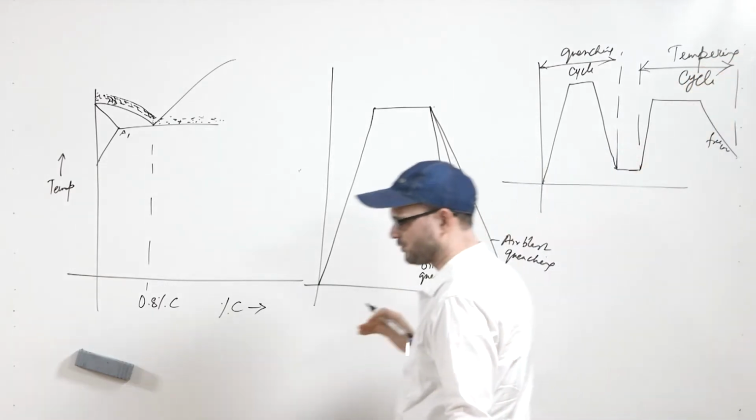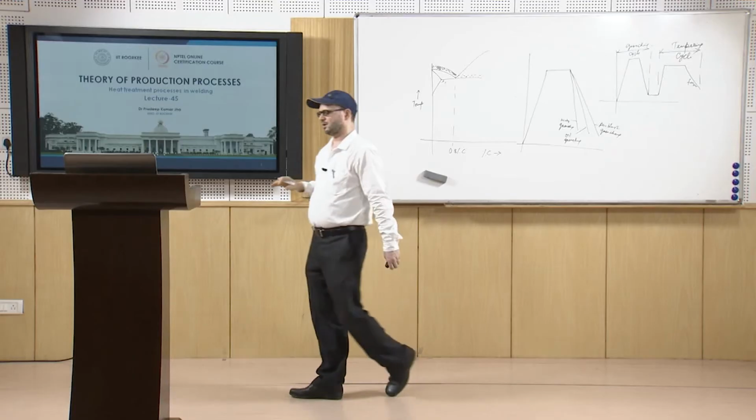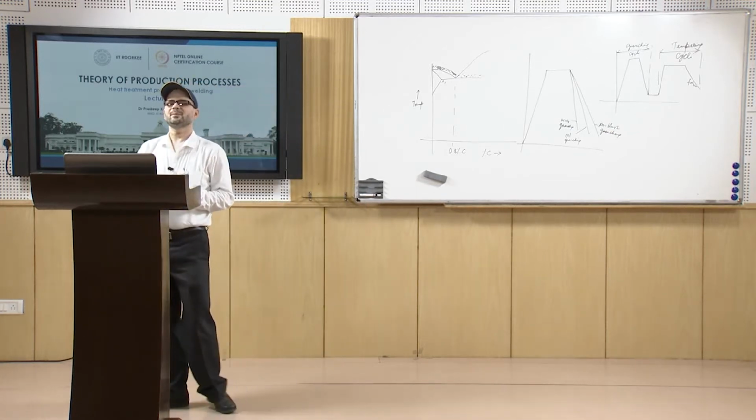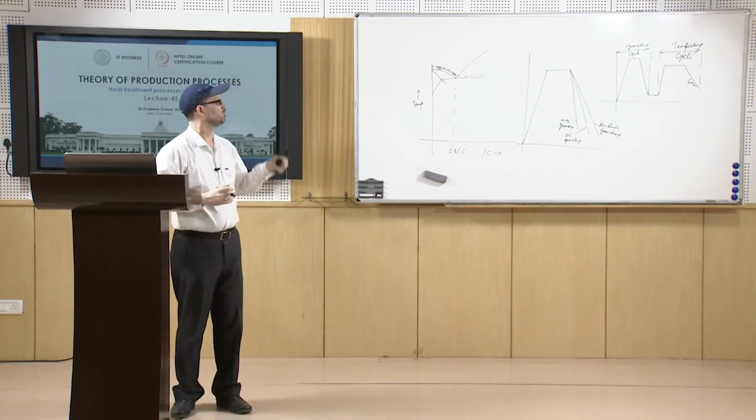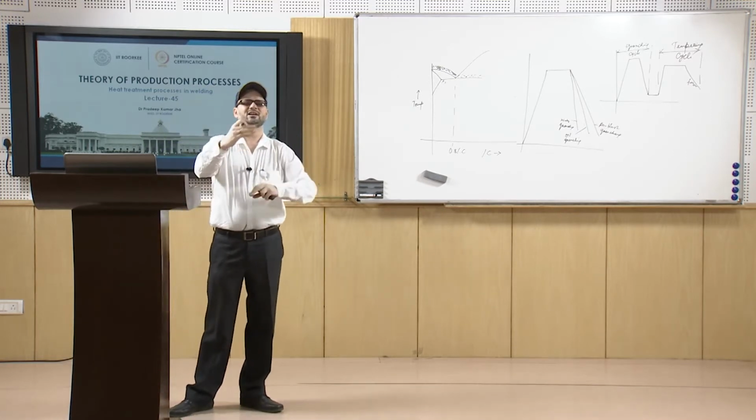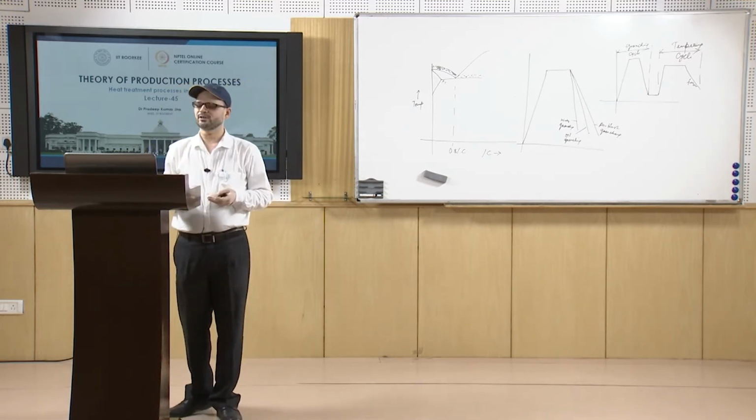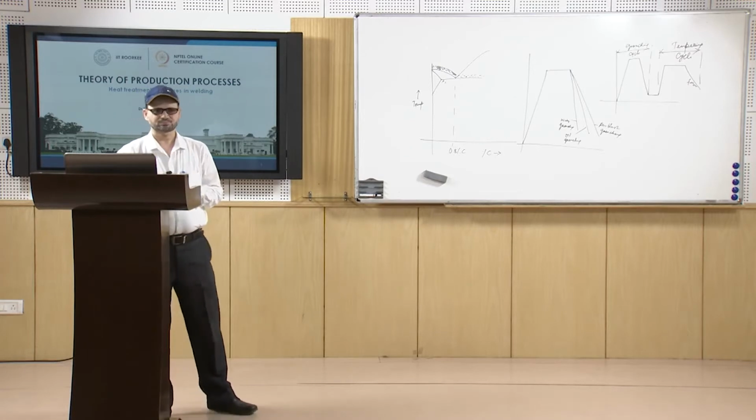This is the practice in industries where, depending upon the kind of properties you require, you go for tempering treatment and adjust the temperature at which the tempering is to be carried out.